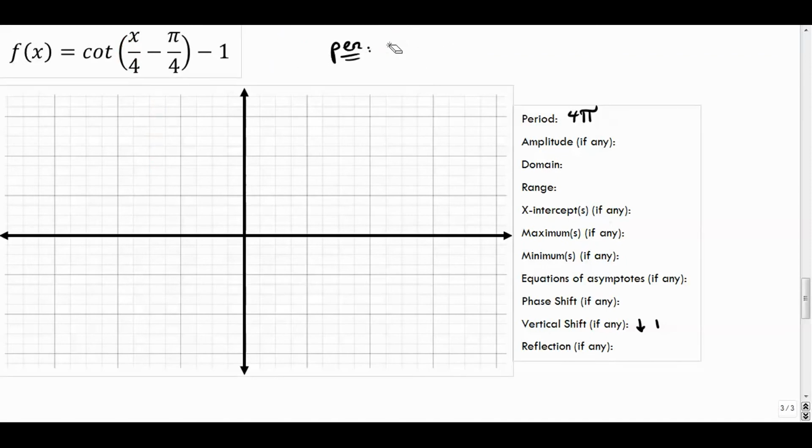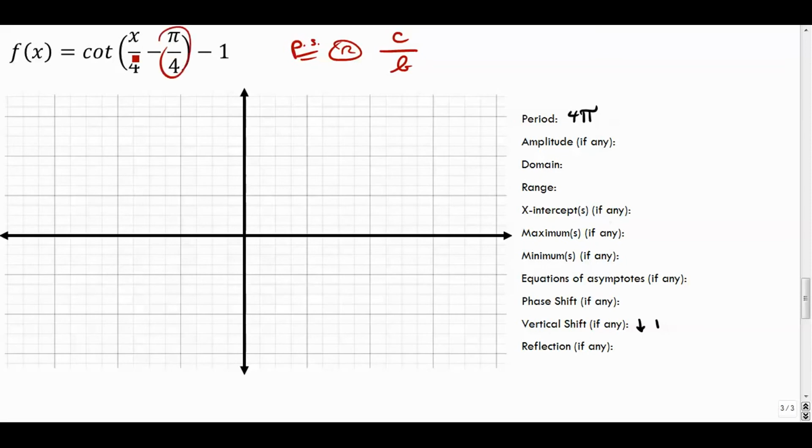Then we want to look at the phase shift. The phase shift is c over b. So it's this number over this number. Alright, so it's pi over 4 over 1/4. Okay, interesting. Pi over 4 over 1/4, well, that's just pi. Pi over 4 divided by 1/4.